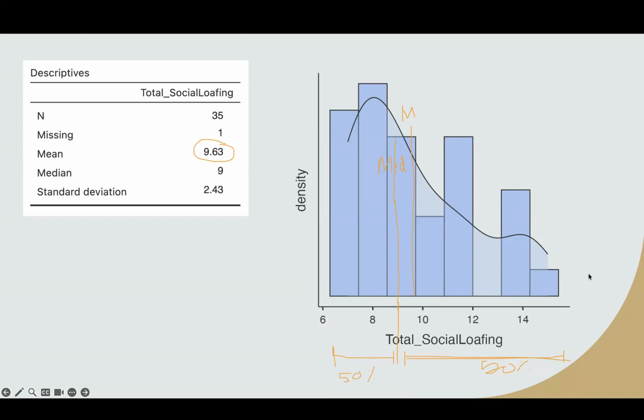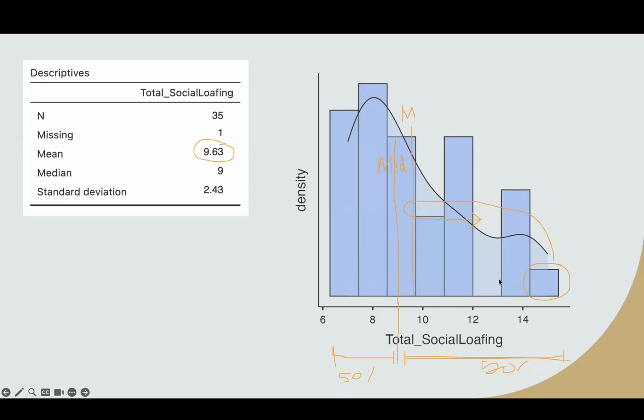It's much more spread out on the higher scores of social loafing. And we do have a little bit of a high score that's kind of on its own. It's not a technical outlier. What's happening is that our mean is higher than our median because these high scores are grabbing onto this and pulling it in that direction. So it's skewed to the right, or positively skewed.